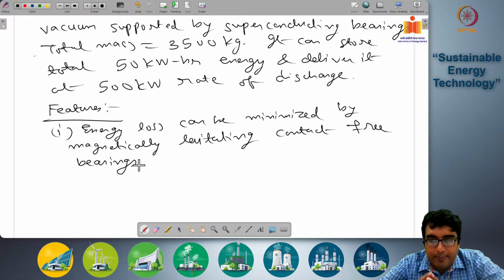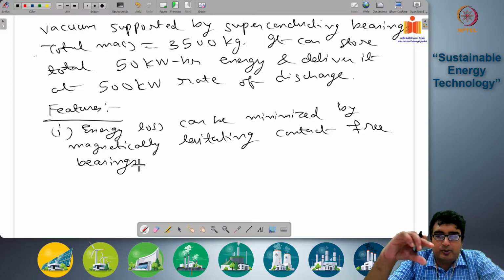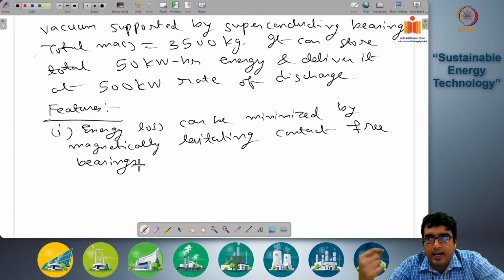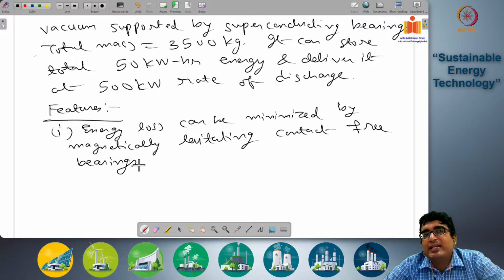So typical bearings used in typical applications is contact-based bearing. So the shaft is on bearing support and the shaft is rotating over these bearings. And there is rolling contact between the bearing and the shaft, which has significant amount of friction.